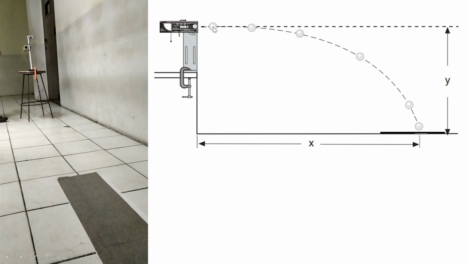If this is the ball, and our projectile launcher is oriented horizontally, this is the velocity on the horizontal, or Vx, and this Vx is also equal to the initial velocity that we are looking for. So based on projectile motion, initial velocity is just equal to the average range, which is where the object will drop, divided by the time.